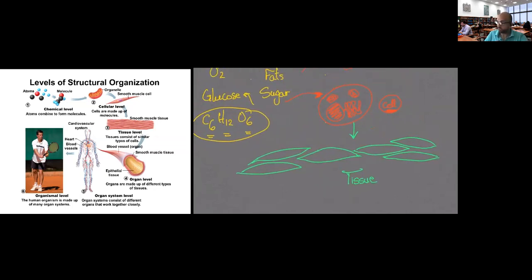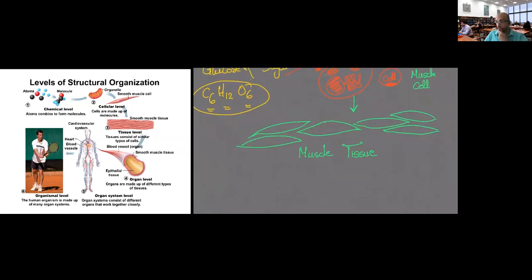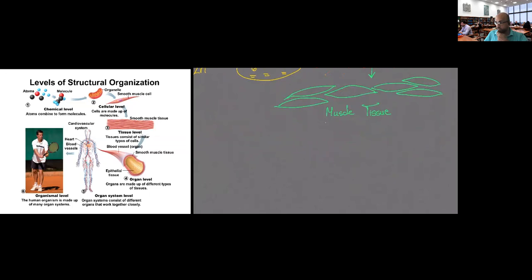So, for example, if I'm looking at a muscle cell, muscle cells together will build up a muscle tissue. And tissues is what we're going to be studying in details later on in chapter 4.